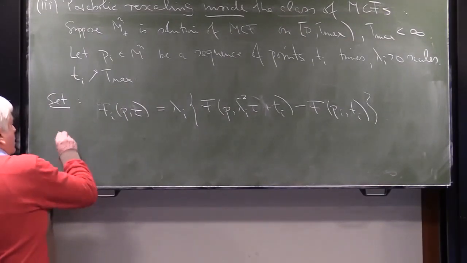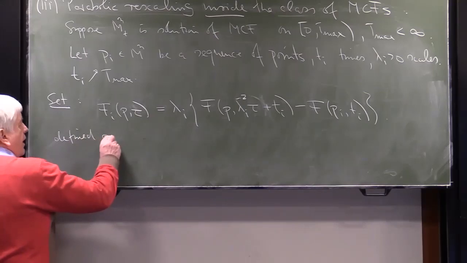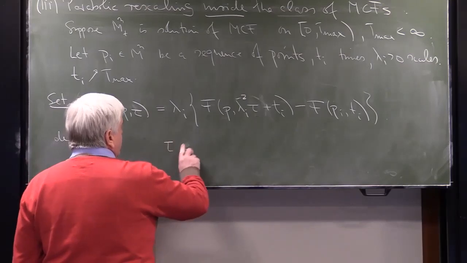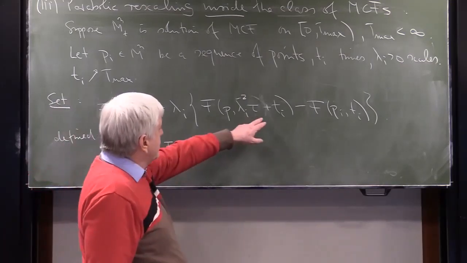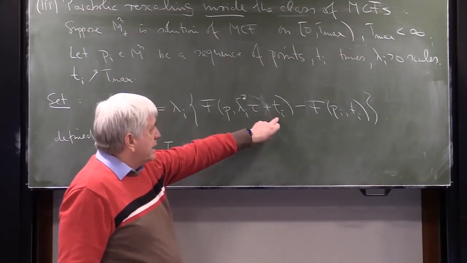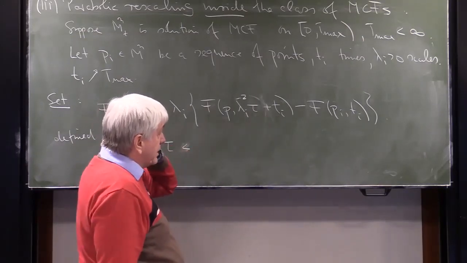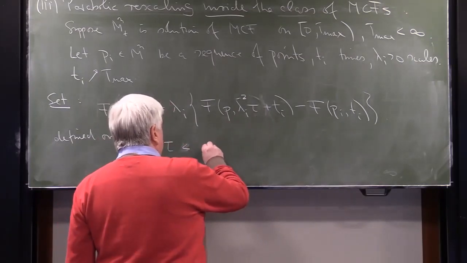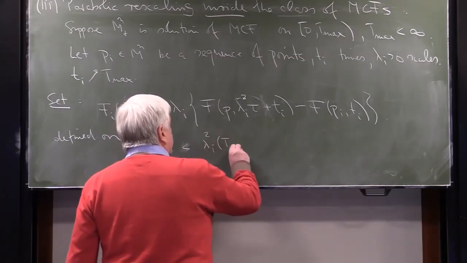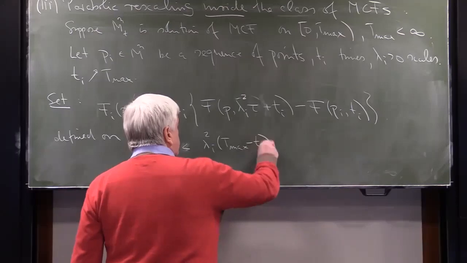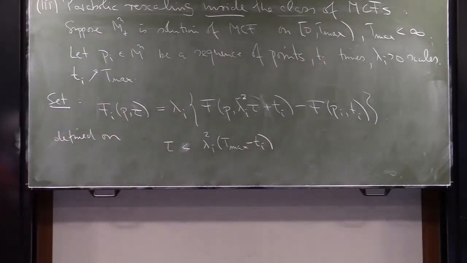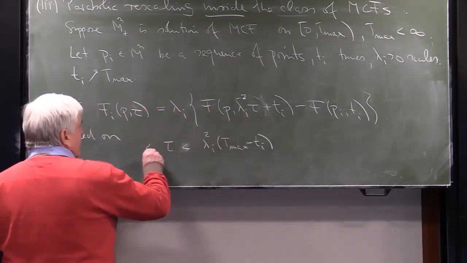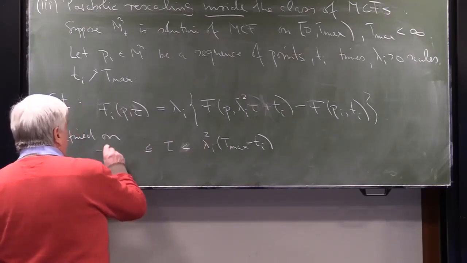So this is now defined on a new time interval where tau is less than, now this was running up to t_max, because t was running up to t_max. Then tau runs up to lambda_i squared times (t_max minus t_i). And if this started at time 0, then this parameter tau can start at time minus lambda_i squared t_i.